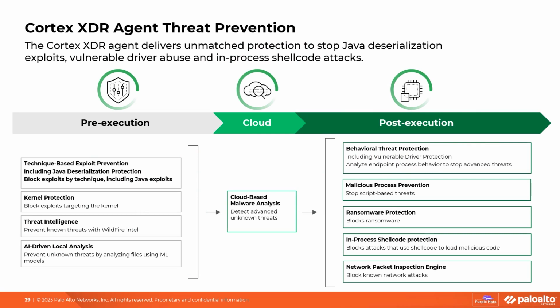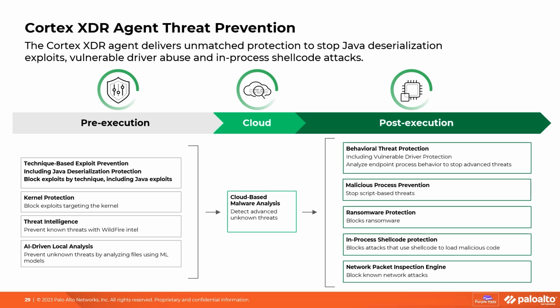I'll quickly go over those capabilities. Every process that's being executed on the host will be tested in three different phases of its life cycle. There are several modules that are designed to detect and prevent malicious behavior pre-execution.